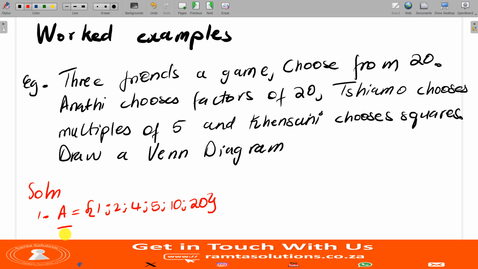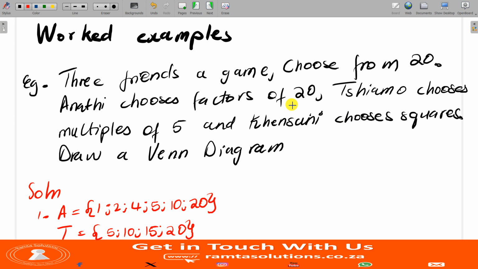Now let's go to Tiamo. Tiamo is using multiples of 5. They are 5 times 1 is 5, 5 times 2 is 10, 5 times 3 is 15, 5 times 4 is 20. Perfect. Now we are going to Kensani.